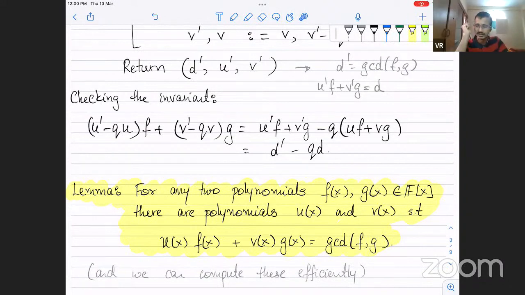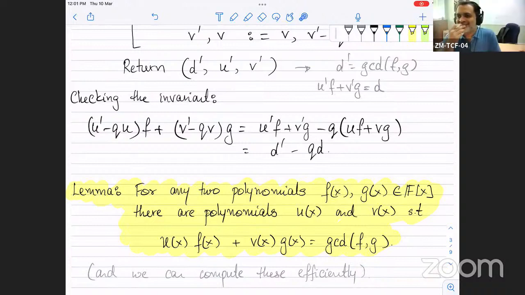But this is not true if the GCD is some other polynomial: then u and v do not act as a certificate, because something that divides the GCD could be the actual one. I find it a little weird to answer this question, because I can just ignore what certificate you are giving me and compute it myself.